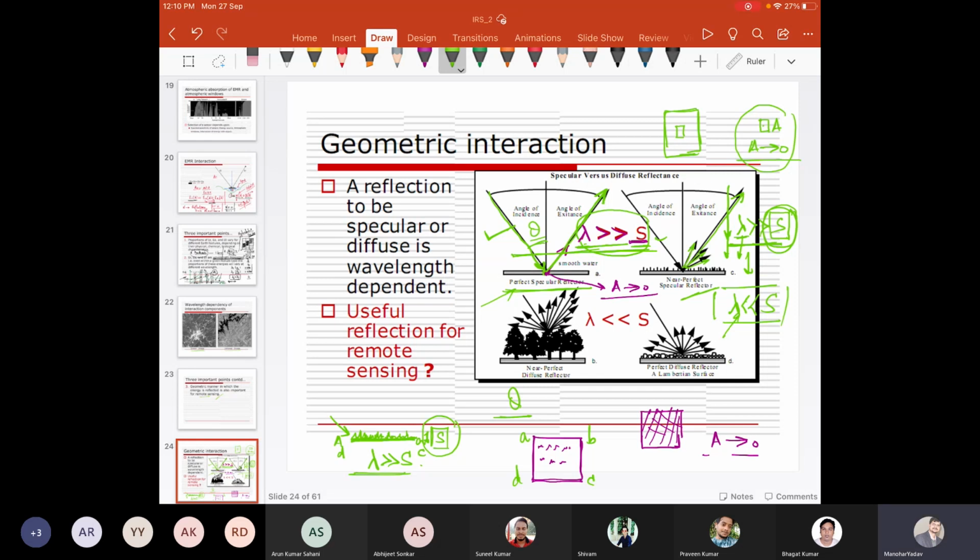In that case, there will be a diffuse reflection. It means at this particular point where A tends to 0, the energy is reflected back into a half hemisphere, in all directions.